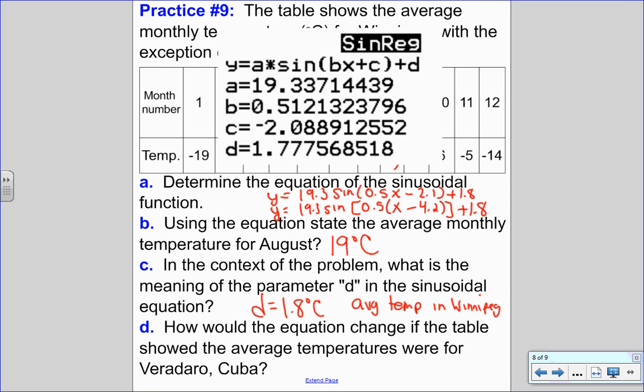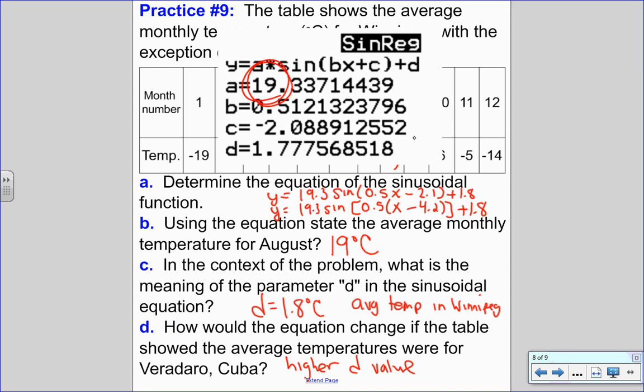Now, how would the equation change if the table showed the average temperatures were for Veradero, Cuba? Okay, so if this was Cuba, not Winnipeg, what would change? Well, I think that the D value would be quite a bit higher than 1.8. So I think that we would definitely have a higher D value. And then the other thing is, look at my A value. My A value is quite high. So this is 19.